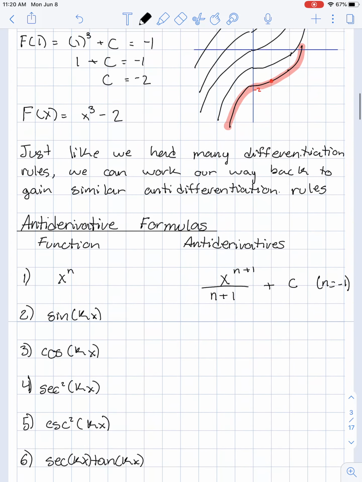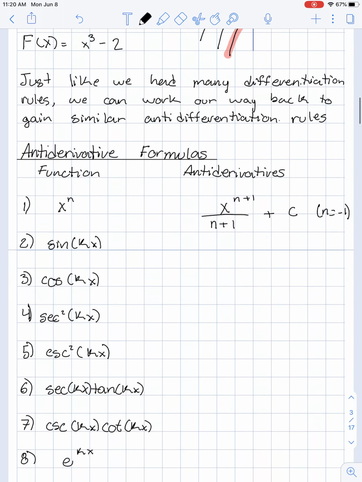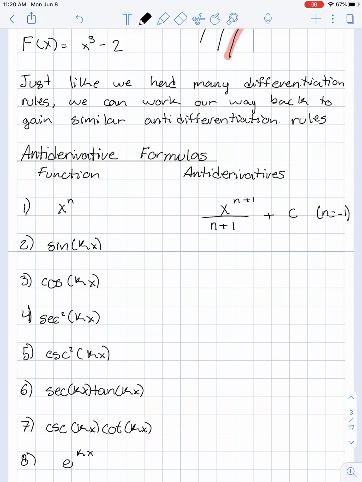Now we have our few trig functions. Here we go. I know we had a lot of derivative rules that had u involved with them and chain rule. These are what I call quick chain rule. And when we talk about antiderivatives, the opposite of chain rule is what is called u substitution.